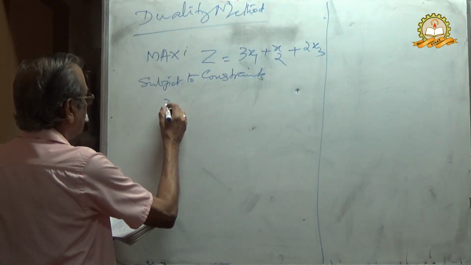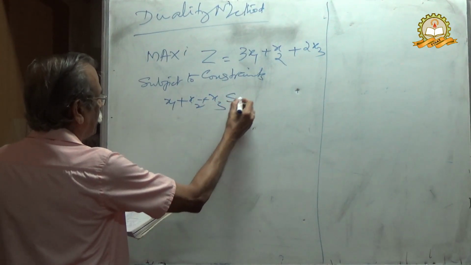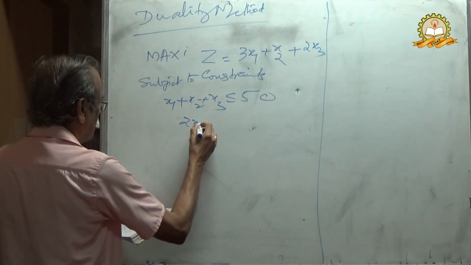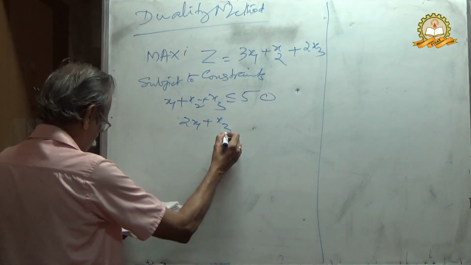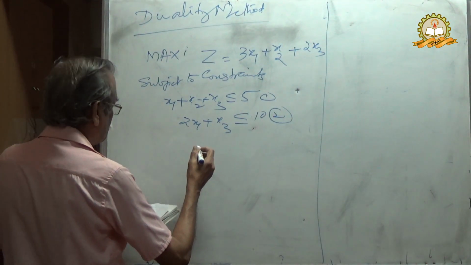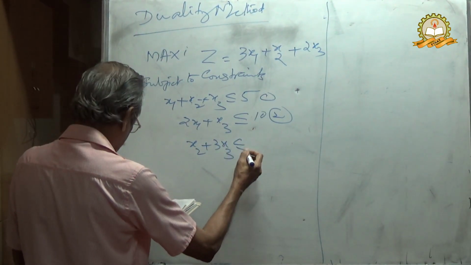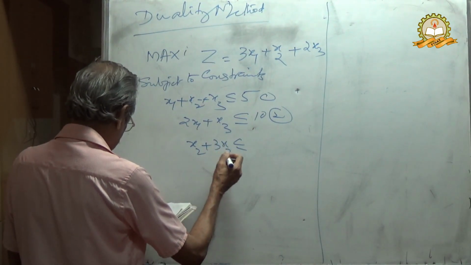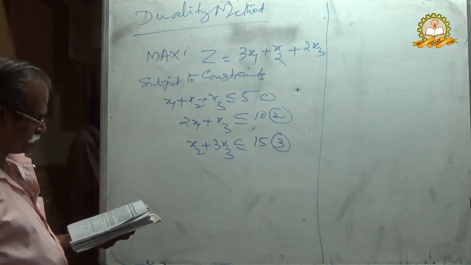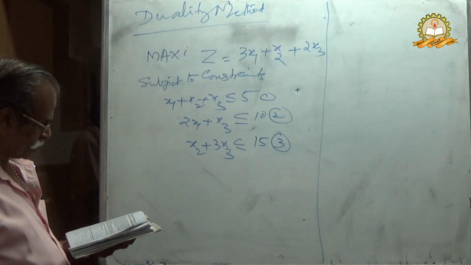First constraint, x1 plus x2 plus x3 less than or equal to 5. Second one, 2x1 plus x3 less than or equal to 10.